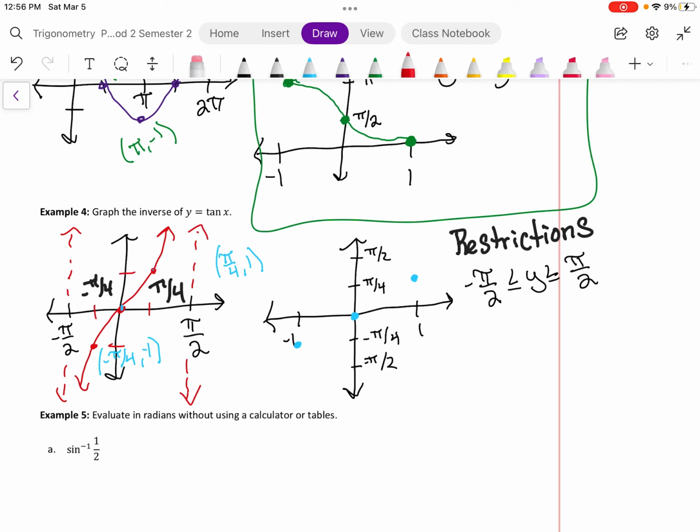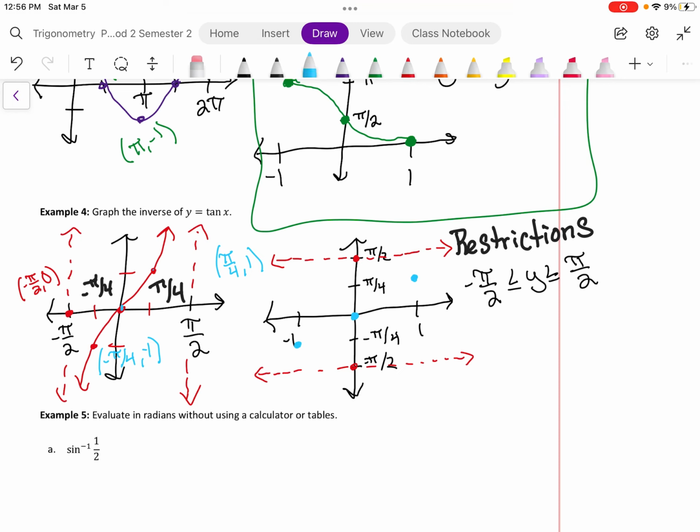The asymptotes for this one, if we were to pick one point on that asymptote, for example, this one, that's at negative pi over 2, 0. If we were to switch that, that would become 0, negative pi over 2. And our asymptote, instead of being vertical, is going to be horizontal on our inverse function. And that happens at negative pi over 2 as well.